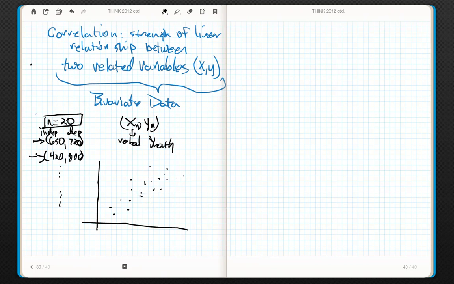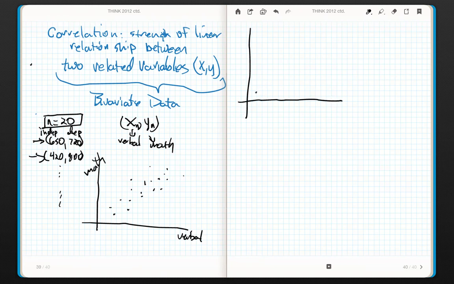Now, does there appear to be a strong linear relationship between, so what did I say? These are my verbal scores, and these are my math scores. Well, now, there's certainly not as strong a linear relationship as if I did this and this, right? This would be a perfect linear relationship, right? Or something like this.